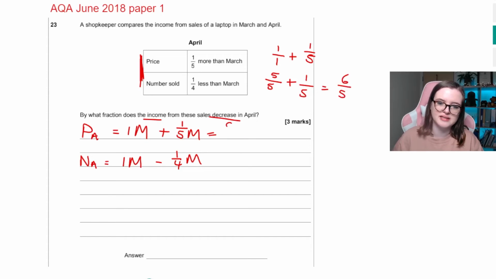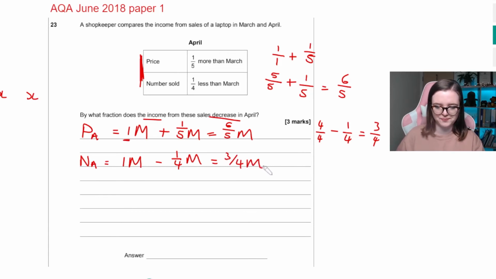So that one gives us 6/5 m. And then same thing here, 1 take away a quarter, so we've got 4 over 4, 1 over 1 times 4, take away 1 over 4, which is 3 over 4. So that is then 3/4 m.